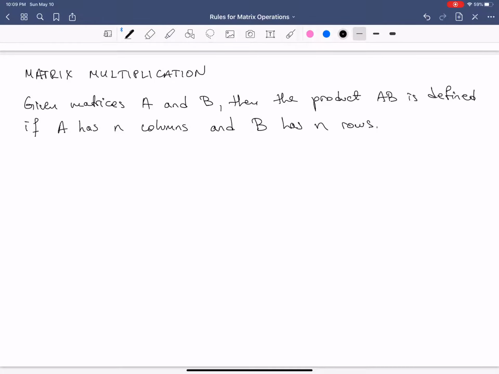So this is important. The first matrix must have n columns and the second must have n rows.